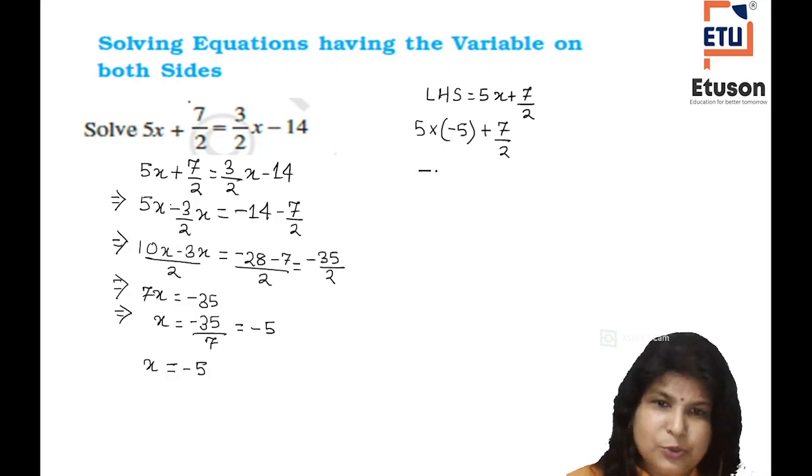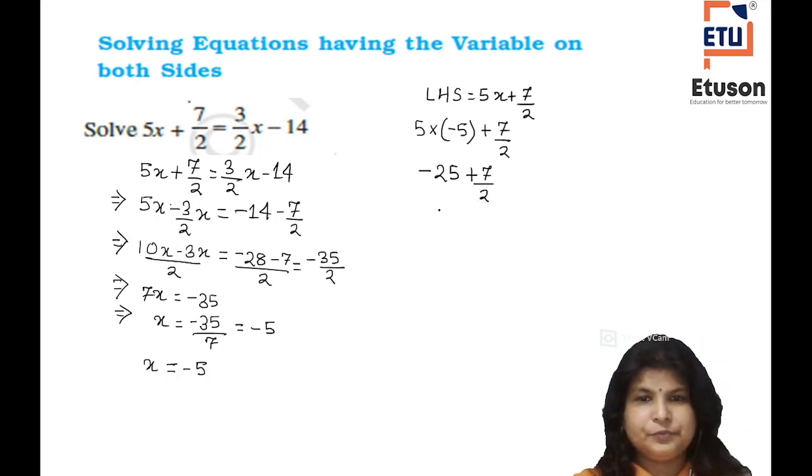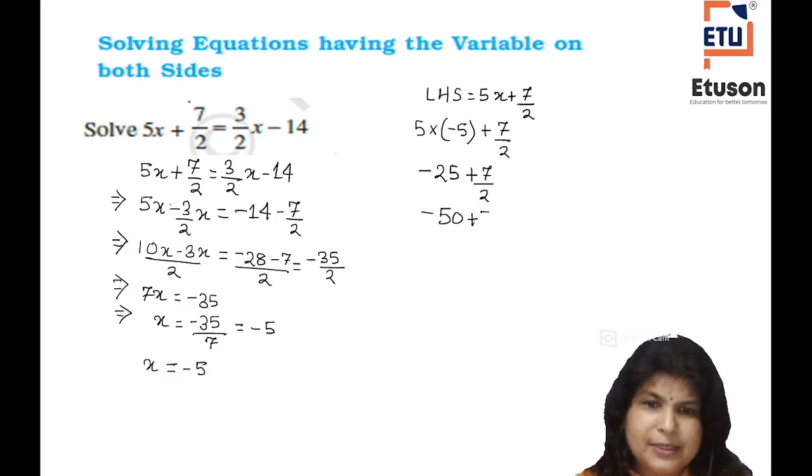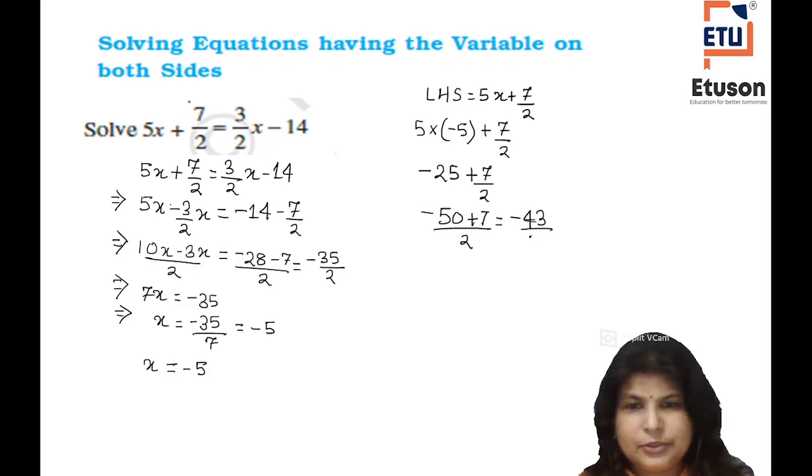So minus 25 plus 7 divided by 2. Correct or not? So that becomes minus 25 into 2, that becomes minus 50 plus 7 divided by 2. This becomes equal to minus 43 divided by 2. Correct or not?